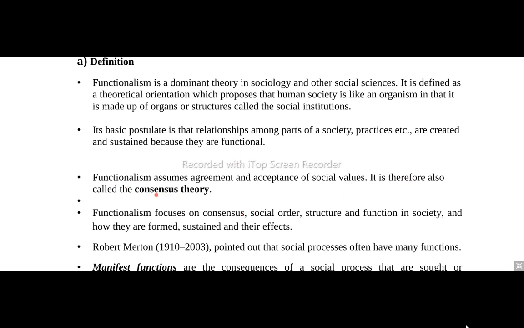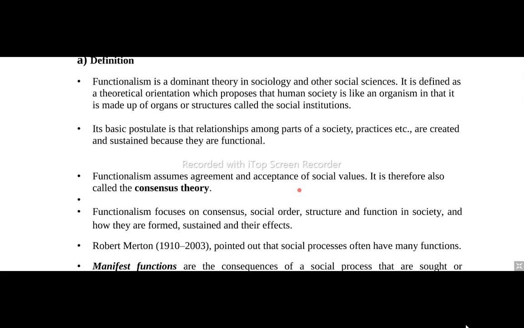And I have said that because of this agreement in these social institutions, it's also known as consensus theory. So if you come across the term consensus theory in an examination and you are taught about structural functionalism, you should know that it is the one known as structural functionalism.